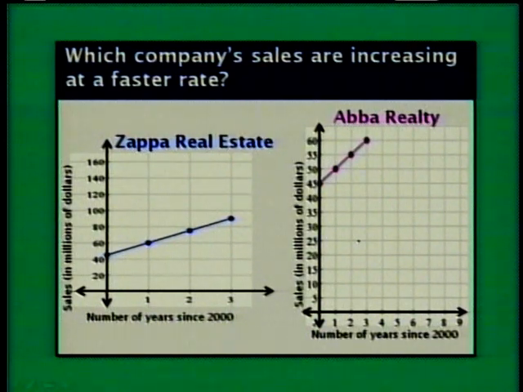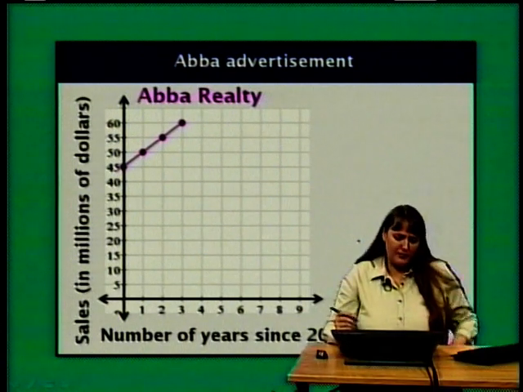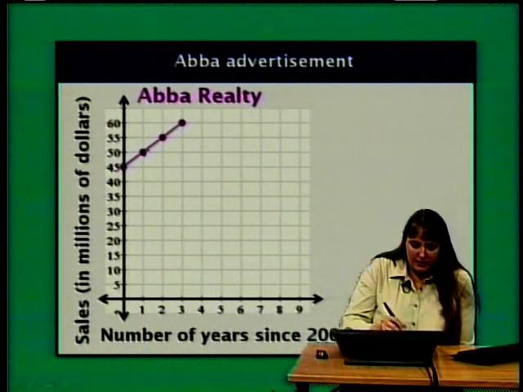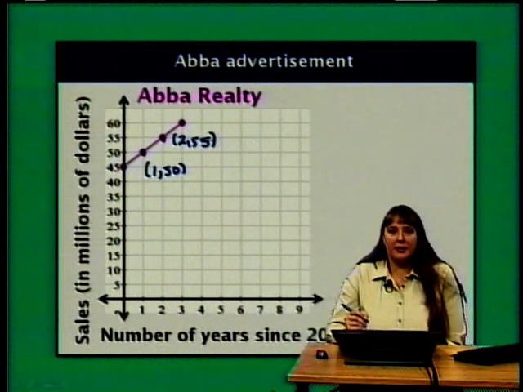Let's look at the two companies individually. I'm starting with ABBA Realty because this is the graph where the slope of the line looks steeper. To find the slope, I'm going to look at 2 points on the line. I'm going to look at (1, 50) as my first point and (2, 55) as my second point.